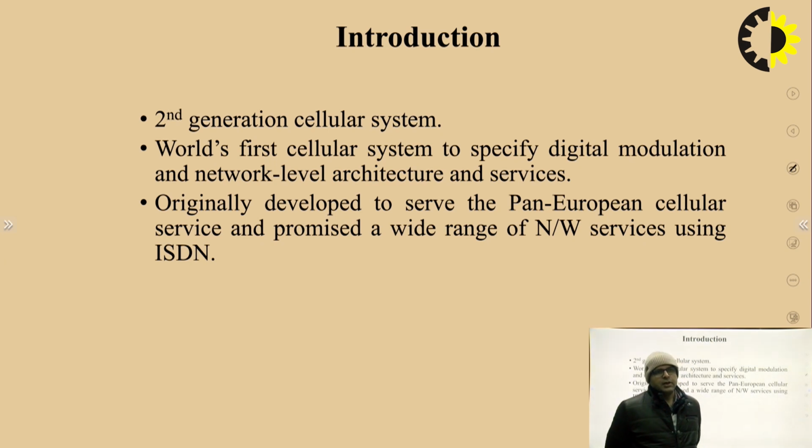It was originally developed to serve the pan-European cellular services and provide a wide range of network services using integrated service digital network. The popularity of global system for mobile communication increases day by day, and basically the modern technologies are based on this GSM standard.